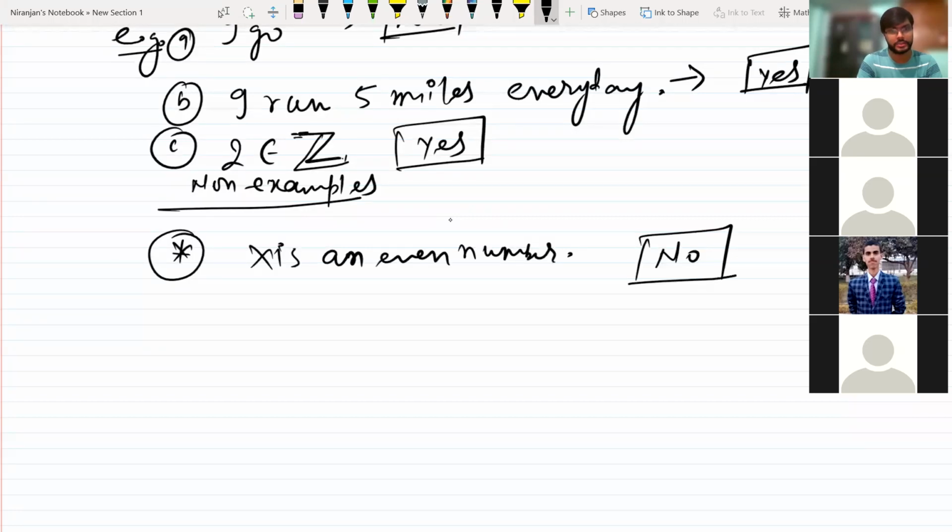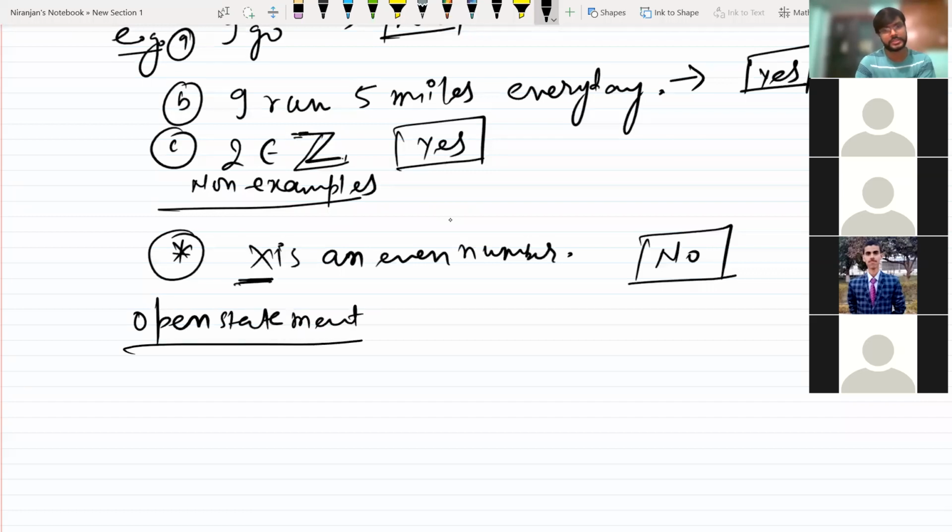Why? Because you cannot say anything about X. So we call such type of statement an open statement. What is an open statement?